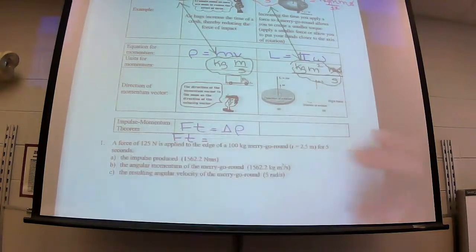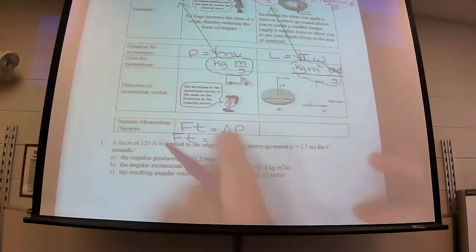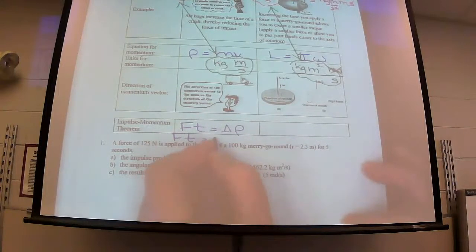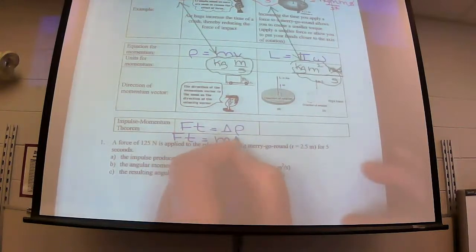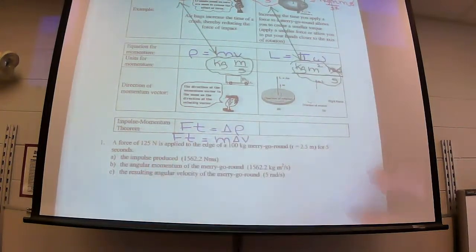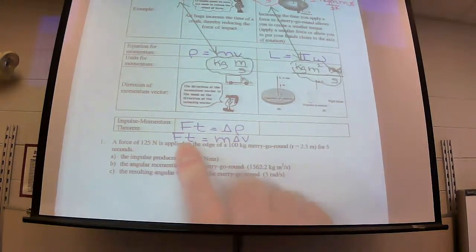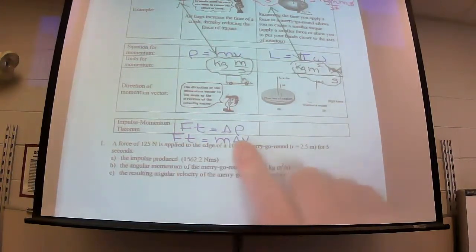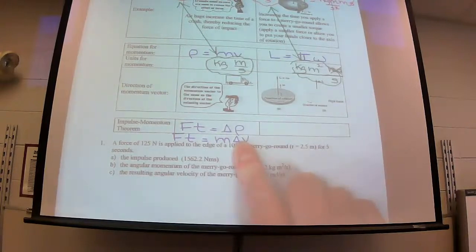Momentum is an mv. Well, mass never changes. So the change can't go with the m. The change has to go with the v. So if you apply a force for a period of time, you will change the velocity of something.